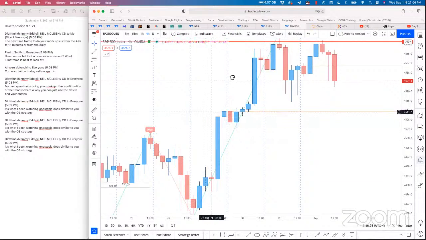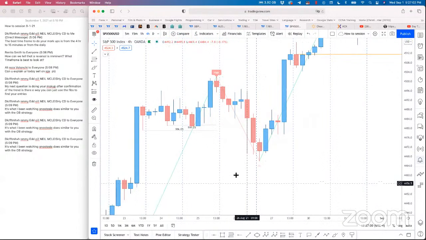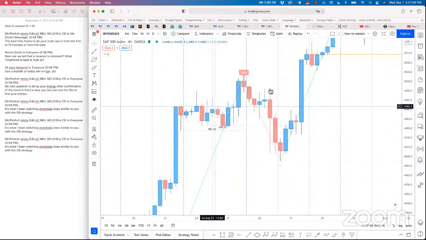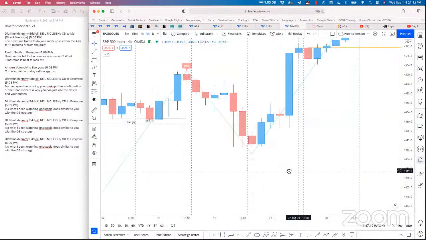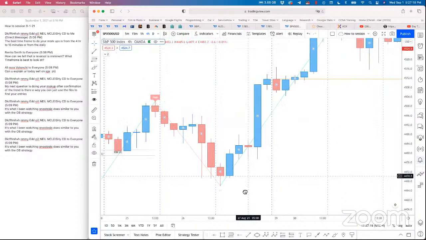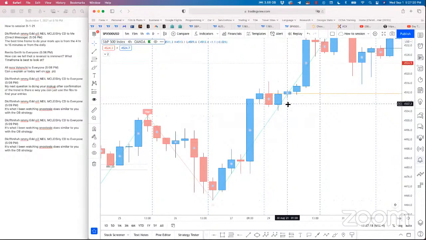Most of your moves, and I'll go back and show you, are going to happen based off of those. We consolidated right here, and we were kind of choppy this whole week, so this won't really be valid for this particular situation. But here's 1, here's 5, here's 9, impulse right here. 1, 5, 9, impulse.